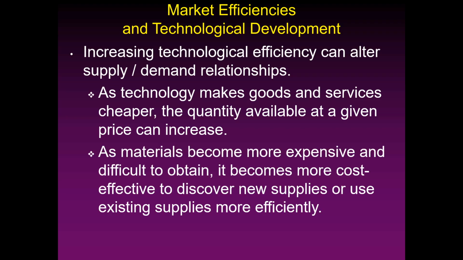As materials become more expensive and difficult to obtain, it becomes more cost effective to discover new supplies or use existing supplies more efficiently. This is a way of saying that once resources and materials start to become scarce, you have to find a way to move to other items.